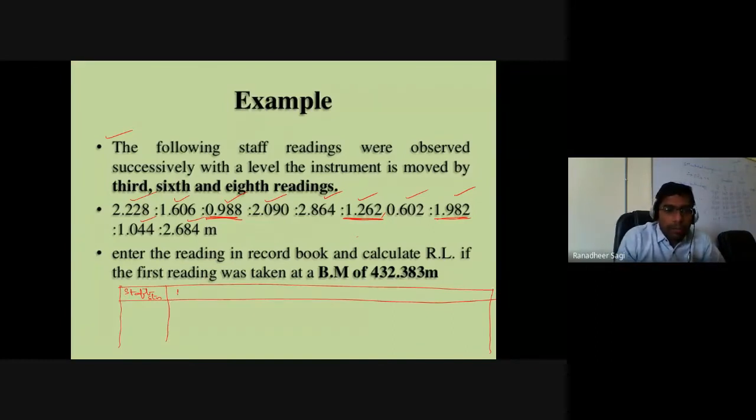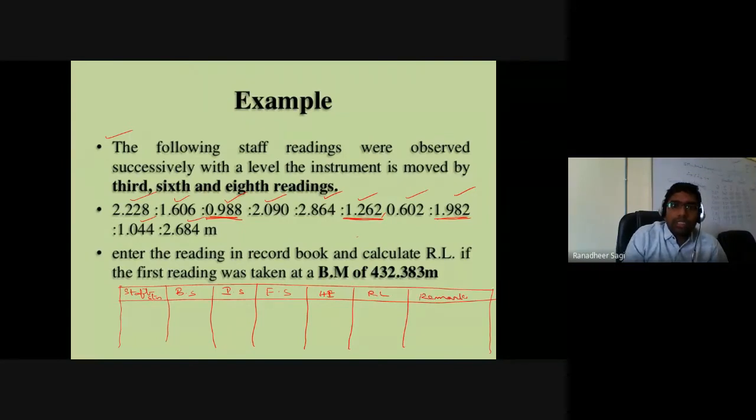Then backsight, intermediate sight, foresight, and if we are going by the height of instrument method, then we write HI, that is height of instrument, and then RL and any remarks.